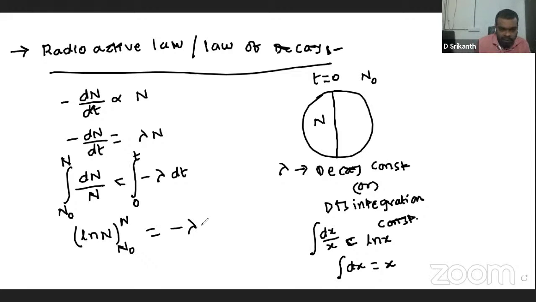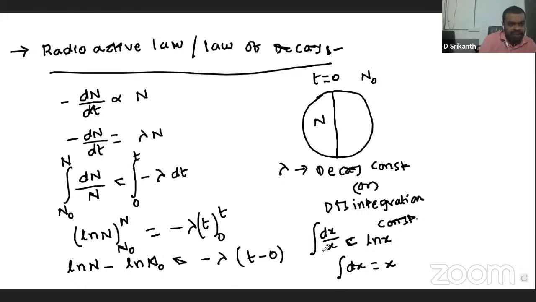The integral of dt is t, between the limits 0 to t. Upon substituting the values, we get ln N minus ln N naught is equal to minus lambda into t minus 0.